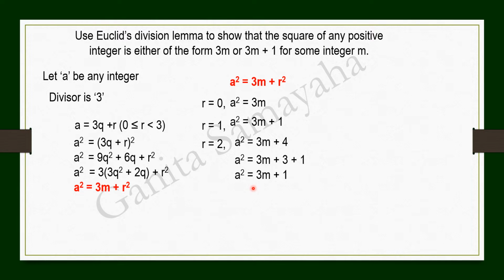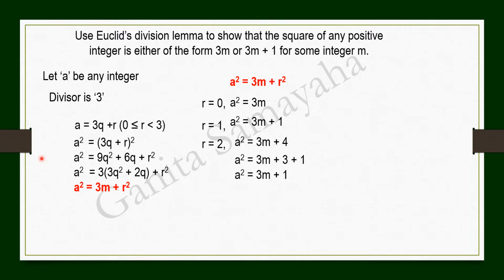So 3 into (m plus 1) means it is a multiple of 3, which we have denoted as 3m. Okay, and then you are left with this 1. So even when r is equal to 2, we have established that a squared is equal to 3m plus 1. All the three cases: when r is 0, a squared is equal to 3m. When r is equal to 1, we have shown that a squared will be 3m plus 1. And when r is equal to 2, we have shown that a squared is equal to 3m plus 1.